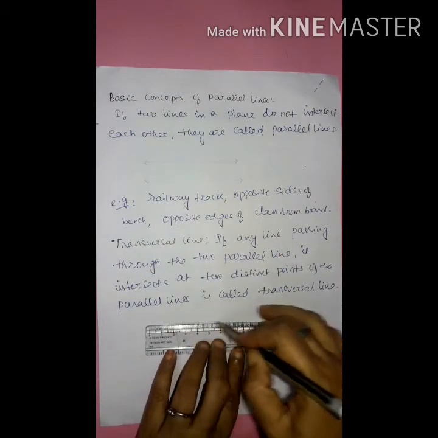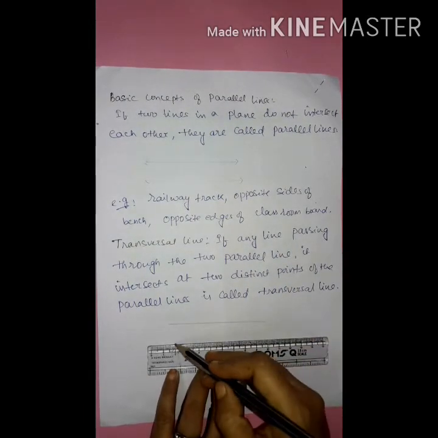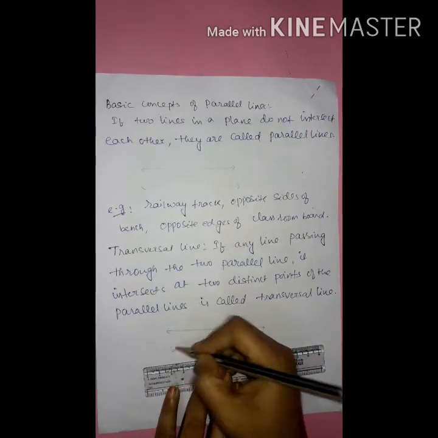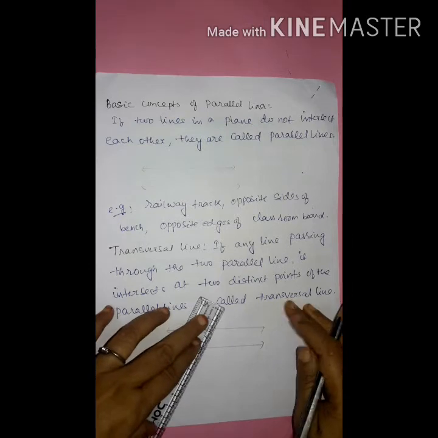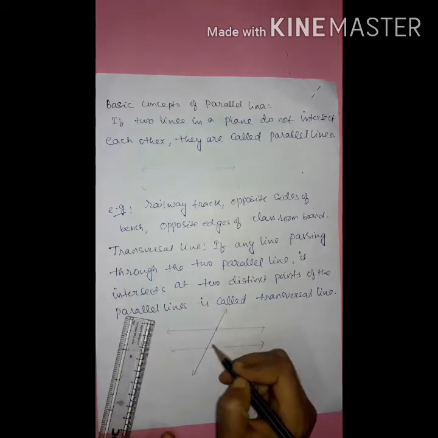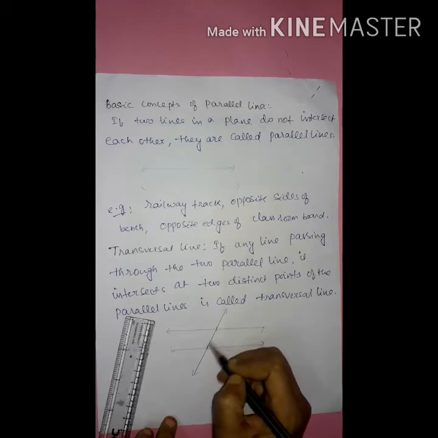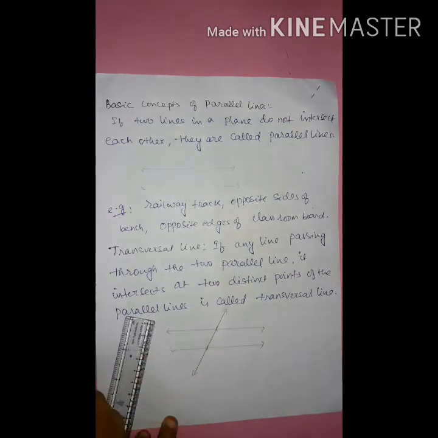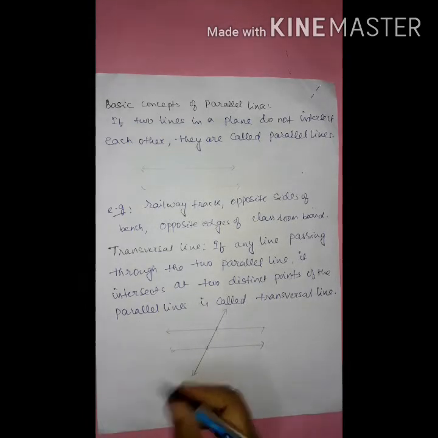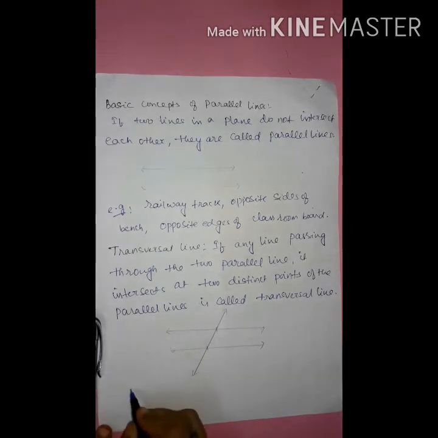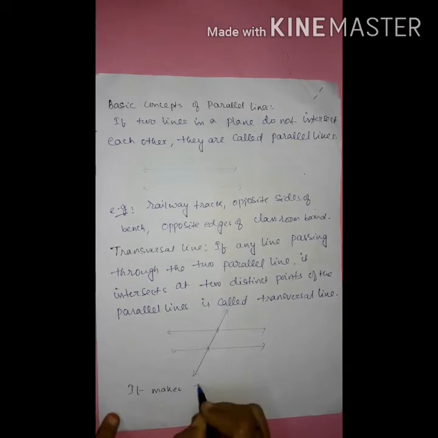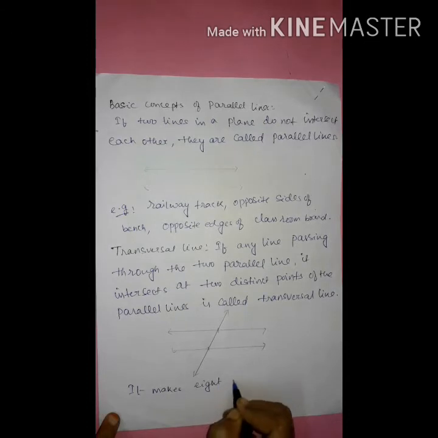For example, this is one parallel line. So we are drawing the parallel lines here. This is the transversal line. It intersects the two parallel lines at two distinct points.